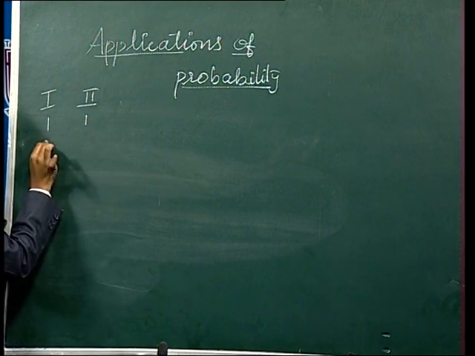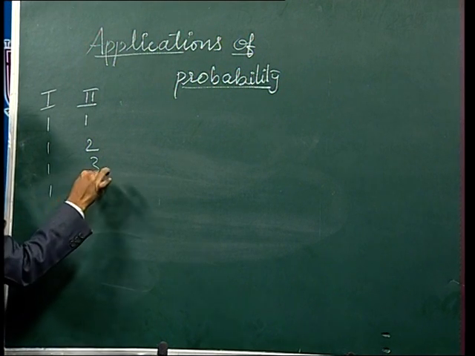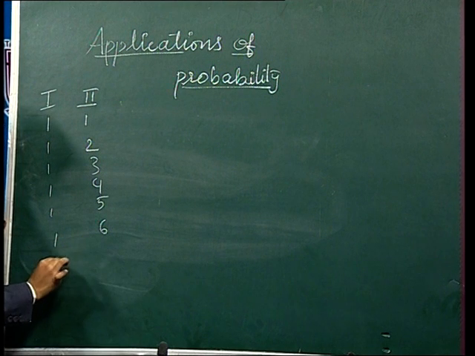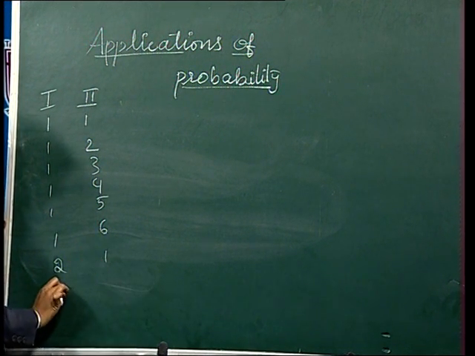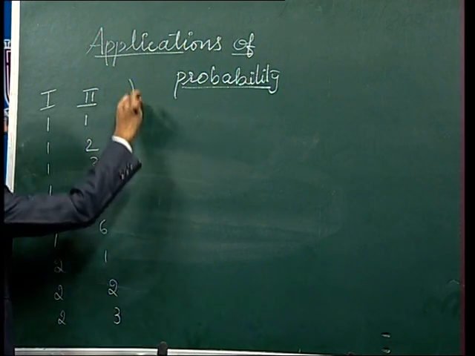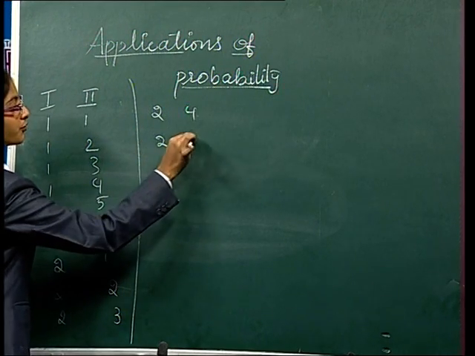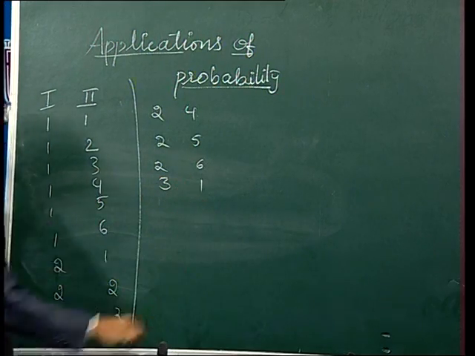The second one 1, 2 and 1, 3, 1, 4, 1, 5, 1, 6, next 2, 1, 2, 2, 2, 3, the next is 2, 4, 2, 5, 2, 6 and then again the third one will start.